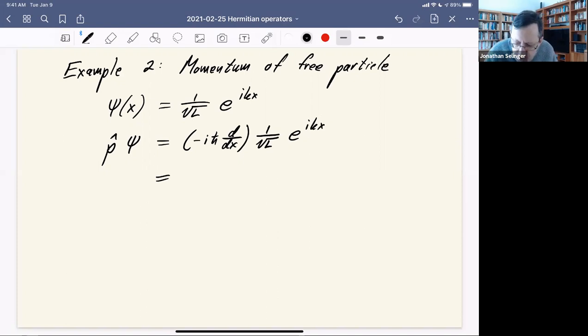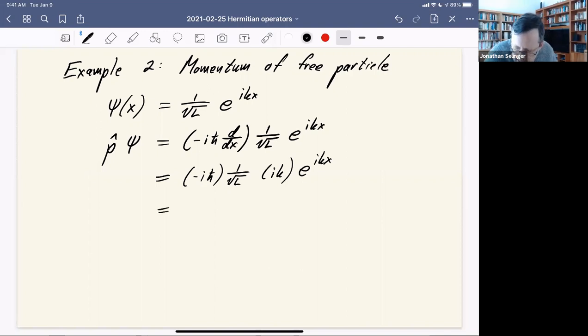So let's work this out. This is a function that we can differentiate. We get negative i h bar, the 1 over root L factors out, and then the derivative of e to the i k x is i k times e to the i k x.